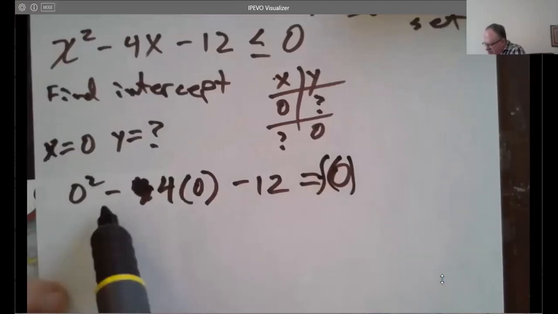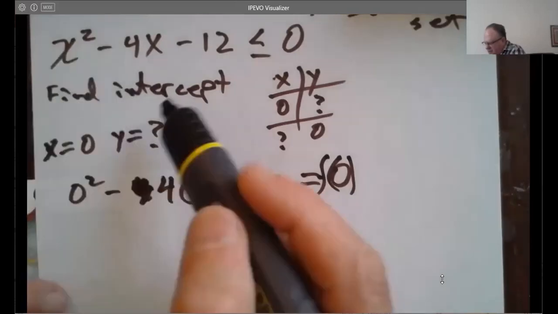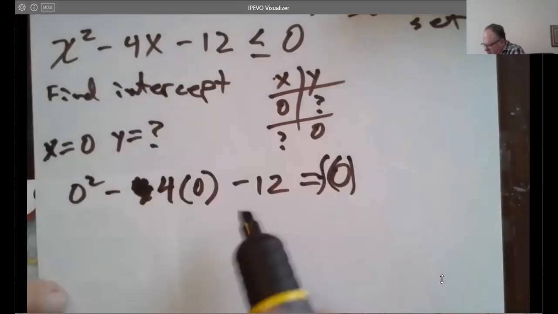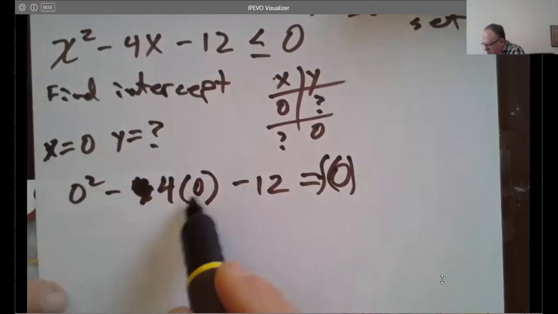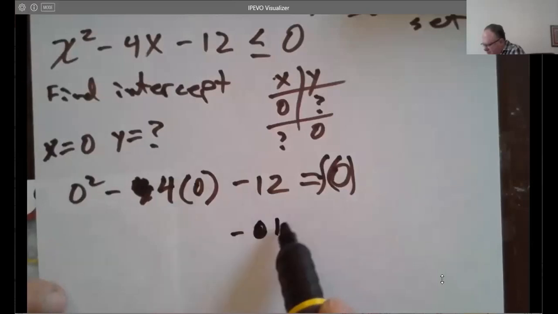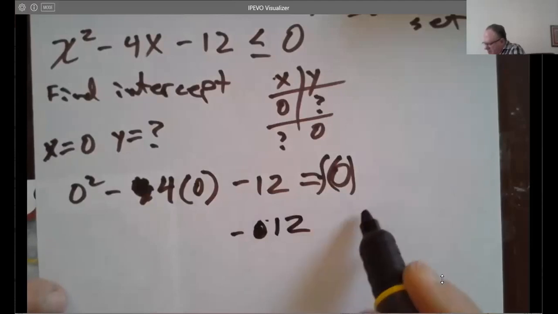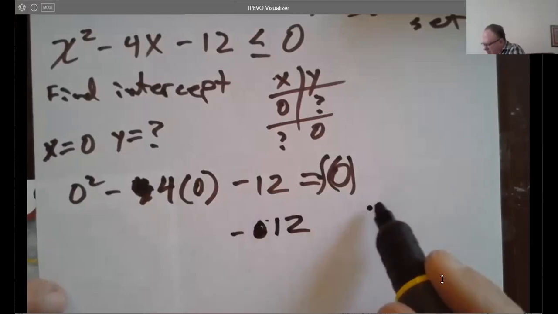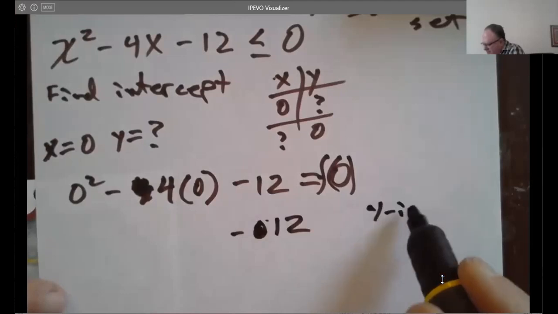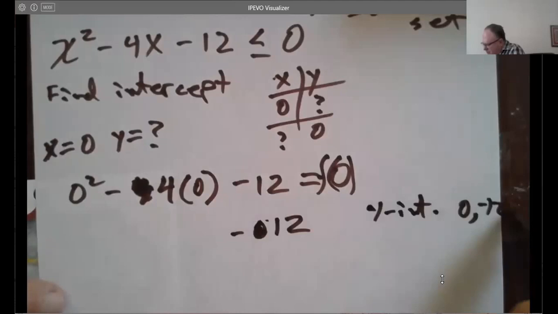Basically all you have to do is just cover up the x's, right? And whatever's left over, 0 squared, that's 0. 4 times 0, that's 0. So you're just left with negative 12. So our y-intercept is 0, negative 12.